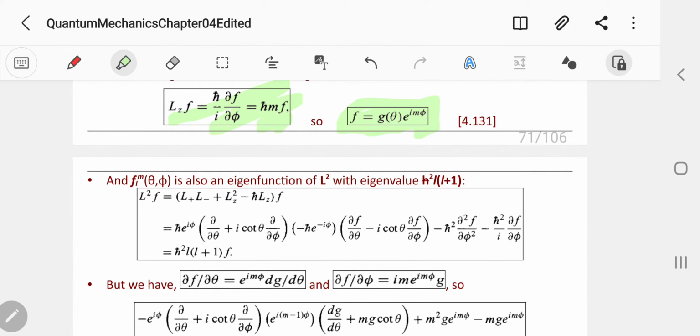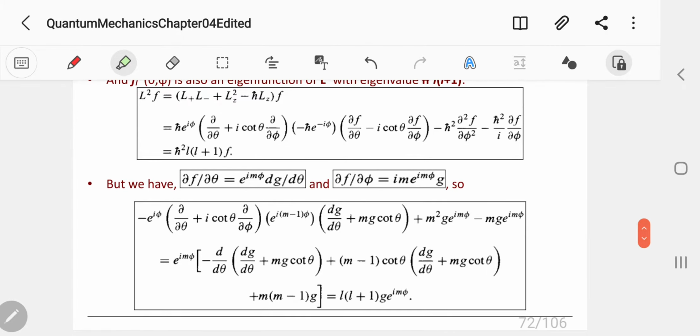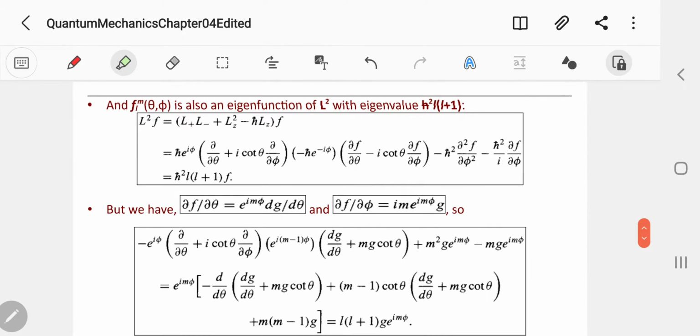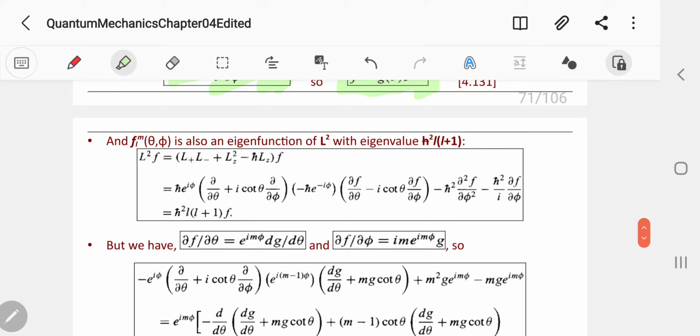And so if we put in an eigenfunction, or we say f operated on by L in terms of the spherical variables, so you have L plus L minus, Lz squared minus h bar Lz on f, you will have this expression.